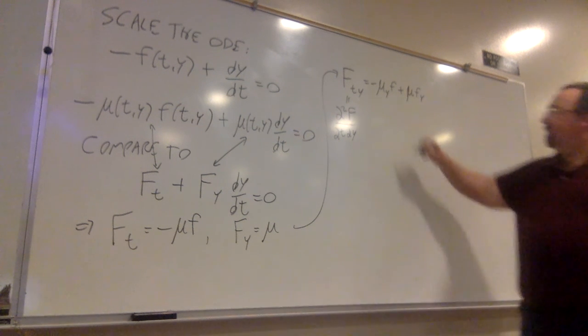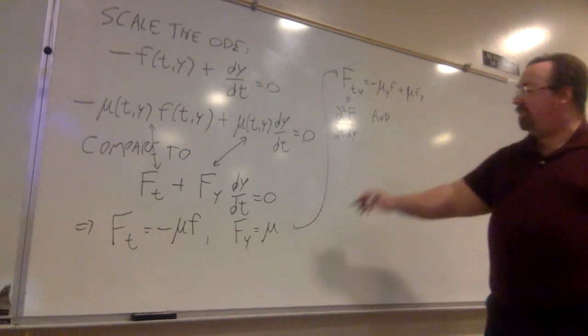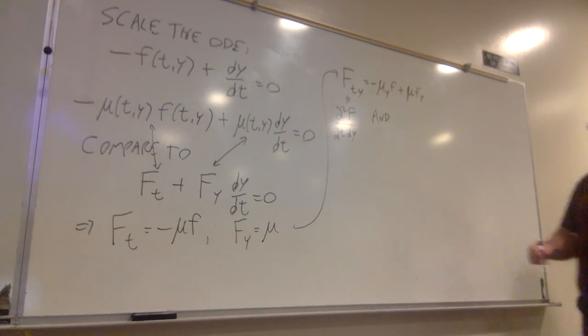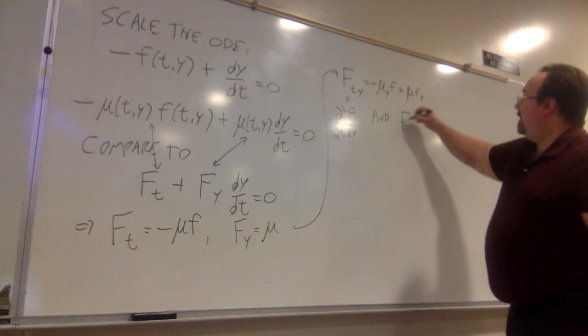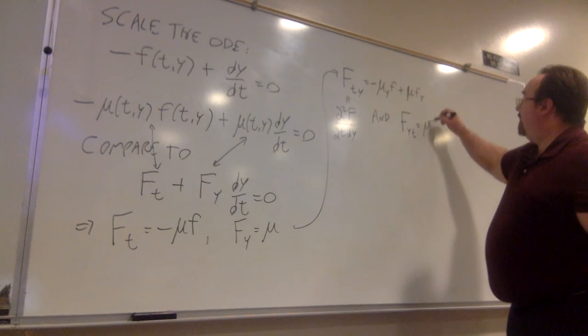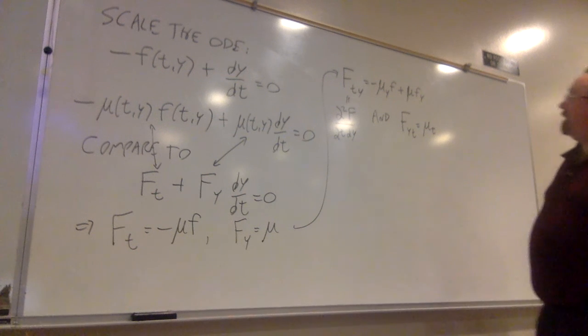Then I take the other equation, differentiate both sides of it with respect to t. F_yt is equal to d mu dt.